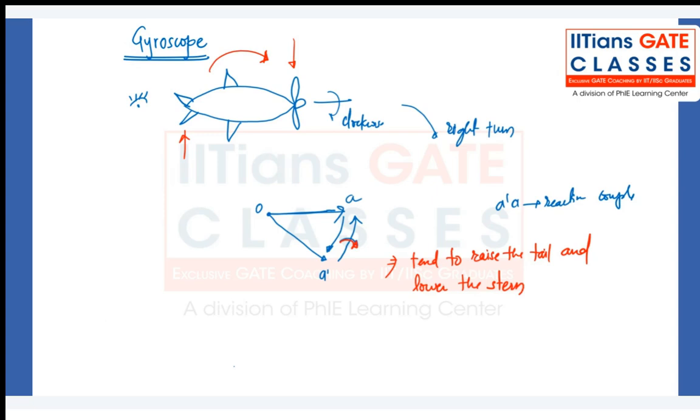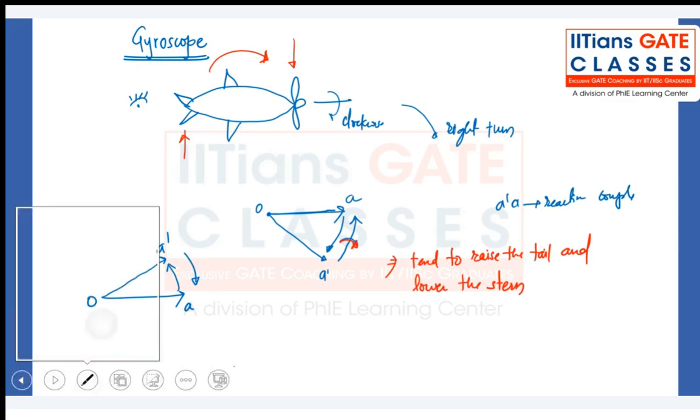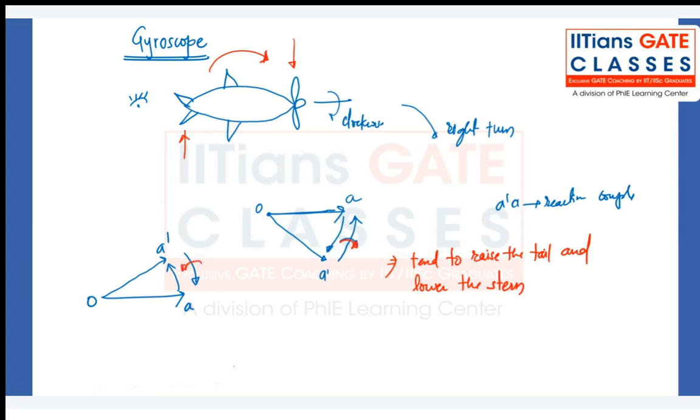Now if it takes a left turn instead, what will happen? Let me show you. Same thing, it is rotating in clockwise direction, but it takes a left turn now. So your active torque is like this, OA, and this is A dash, and this is your reactive torque. And now if I put the thumb in this direction, it is like this.